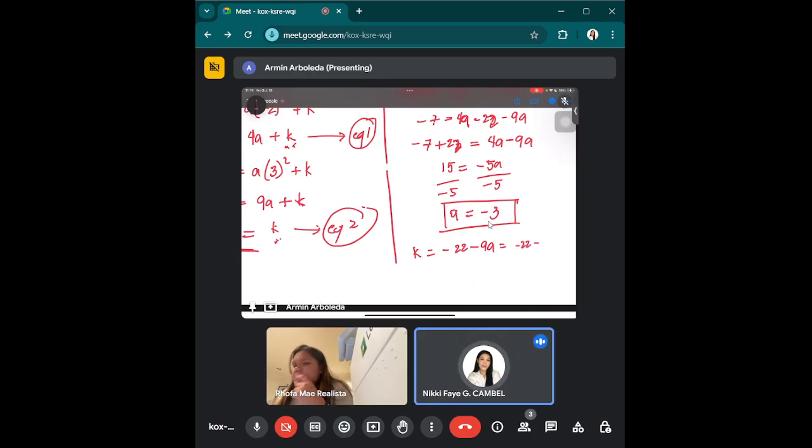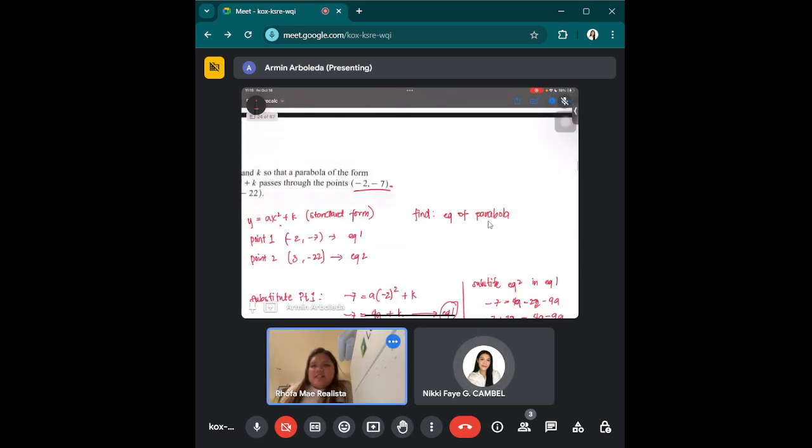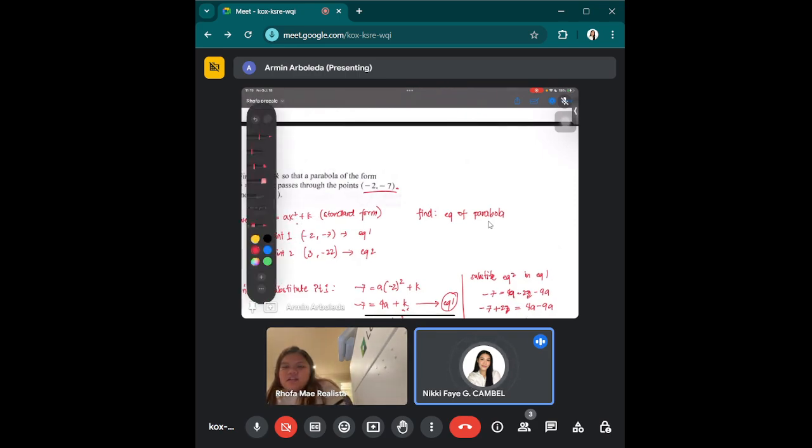Negative 2 minus 9 quantity is what? 5. You get it. This is 5. Okay, so you already have now your k. It's actually looking for a and k, not the equation of the parabola. Sorry.